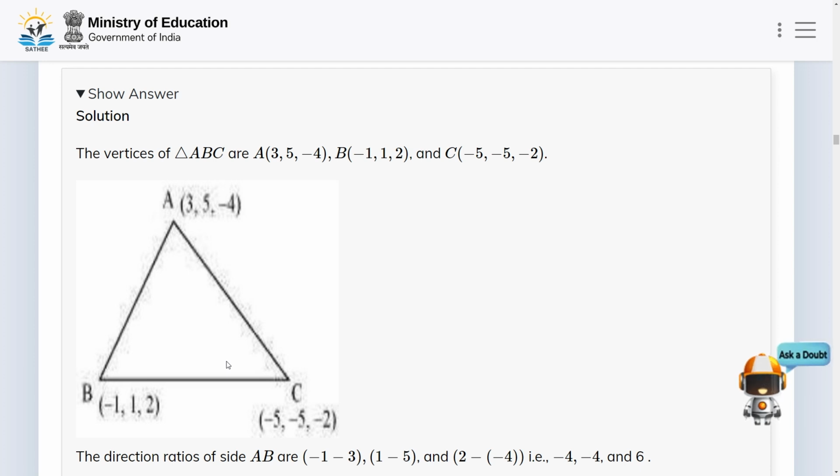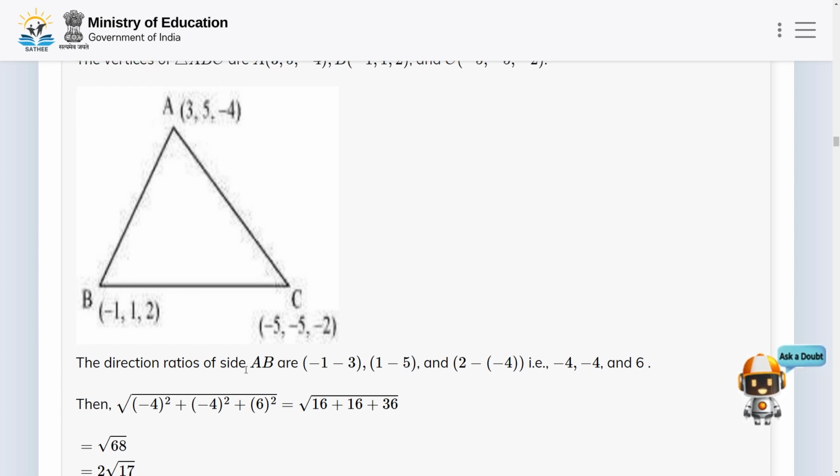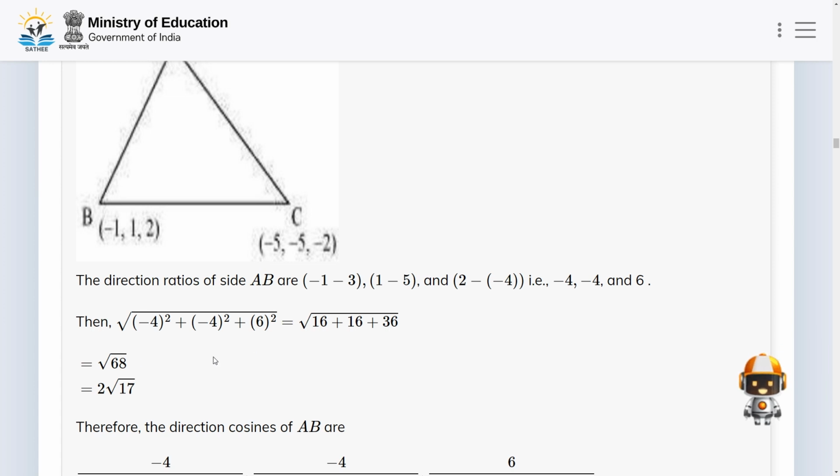The direction ratios of side AB are -1 minus 3, 1 minus 5, and 2 minus (-4). This means -4, -4, and 6. Now we have to find the root of (-4) whole square plus (-4) whole square plus 6 square.